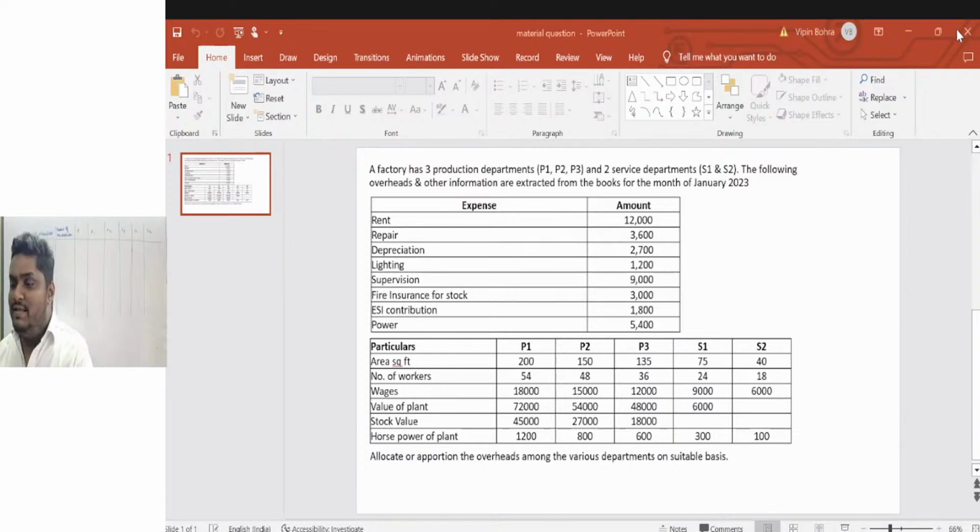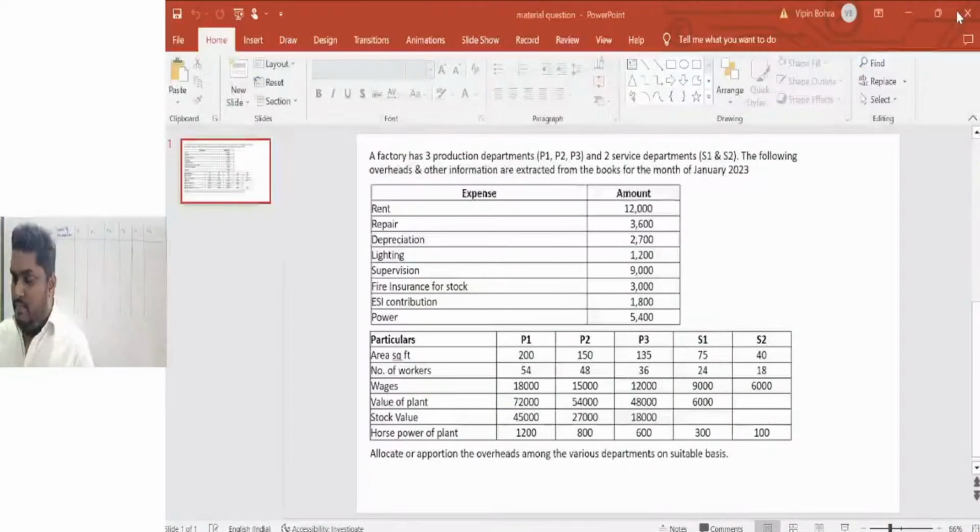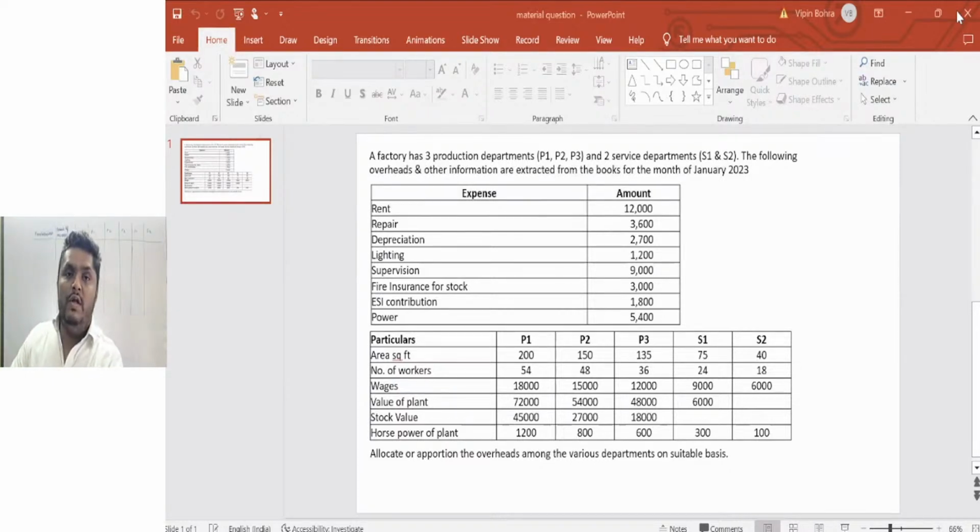I'm waiting for the final answers, guys. Very good, Manisha. I request you guys to please try to solve the question. Then only you can judge where you stand. So try to solve the question in the session itself.